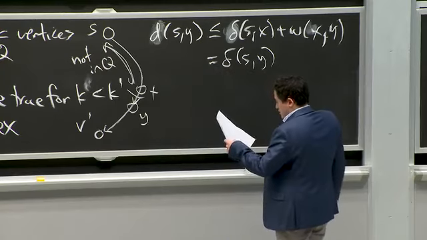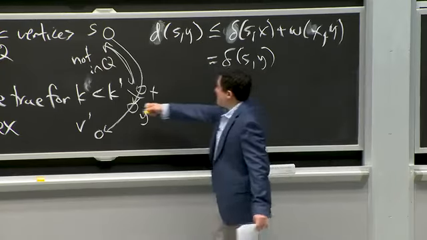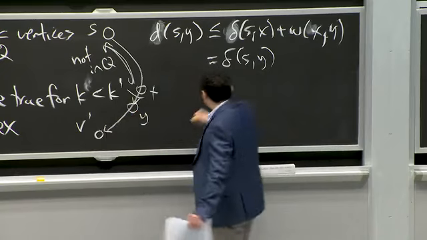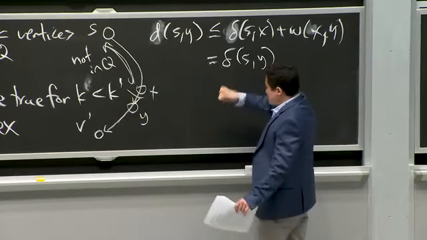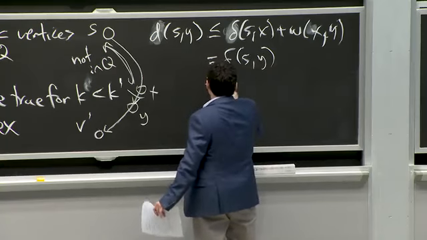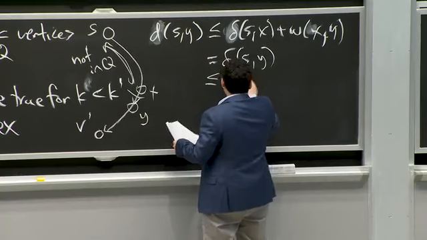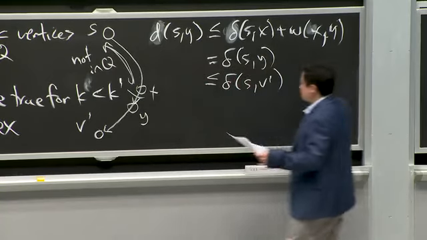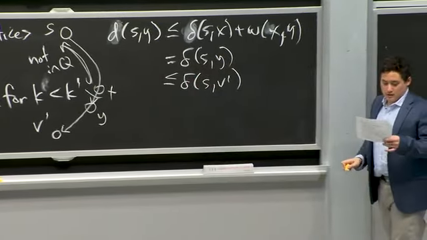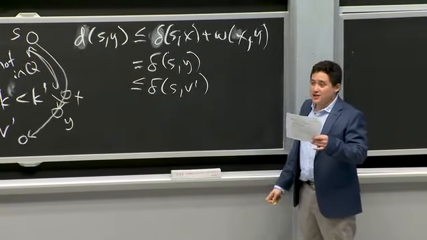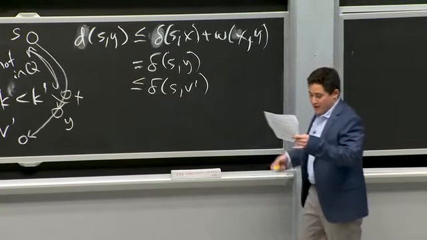Well, because we have non-negative weights, the distance to Y has to be at least as big as... sorry, the distance to V prime has to be at least as big as this distance, right? Because it's a subpath, right? So this has to be less than or equal to the true distance to V prime, right? Because the weights are non-negative.